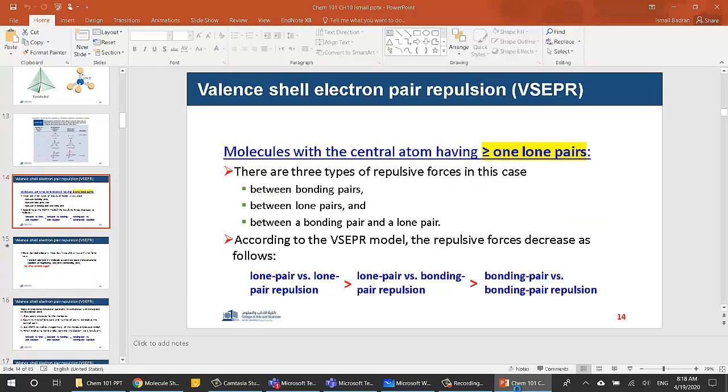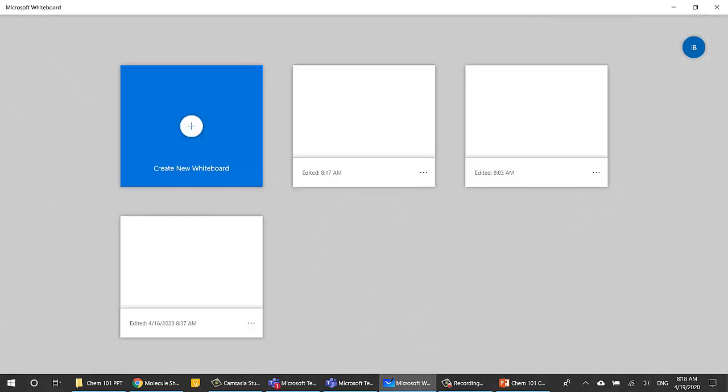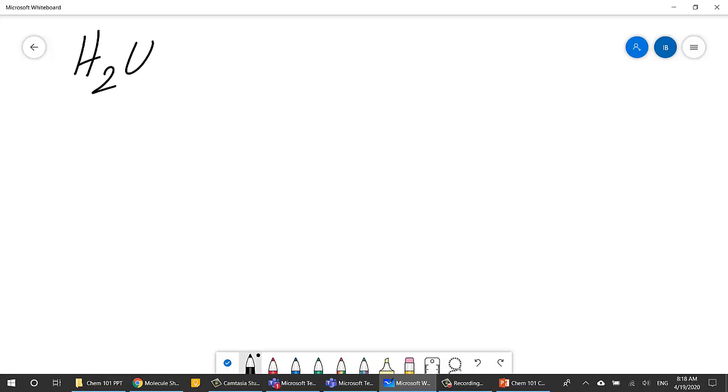Now, we have 2 things in the VSEPR structures. I will tell you that when I give you this example about water. Now, let's draw a VSEPR, valence shell electron pair repulsion, for water.